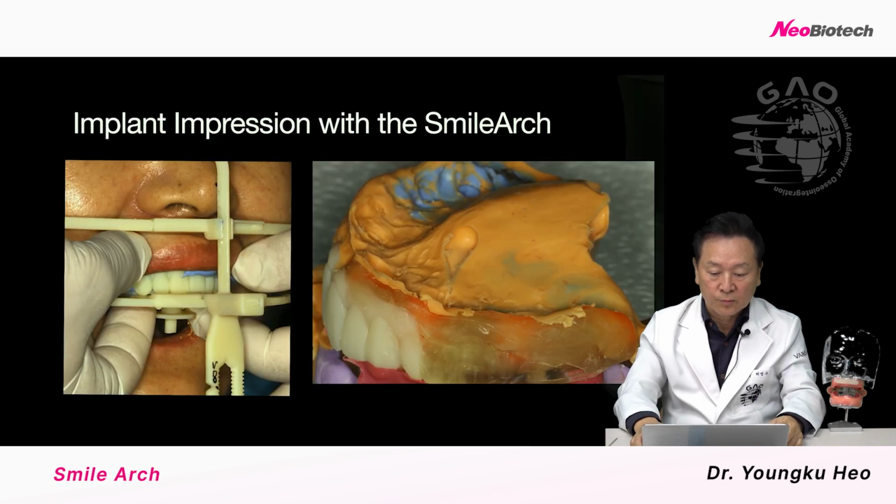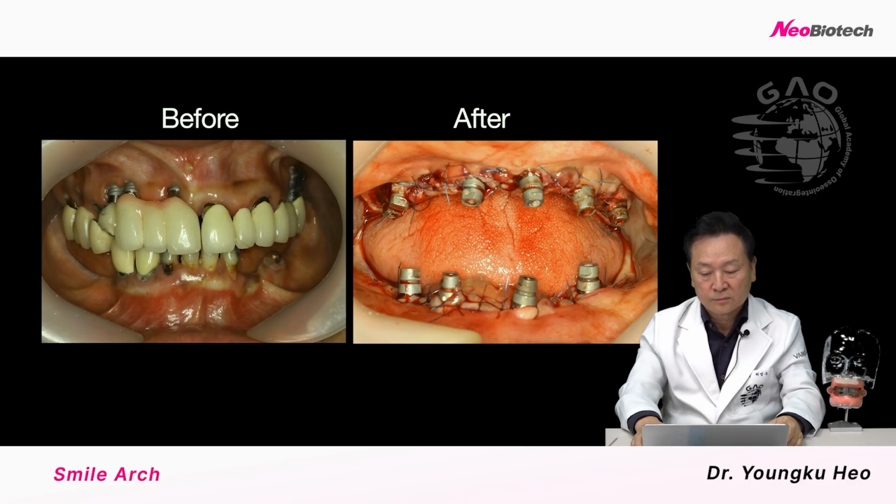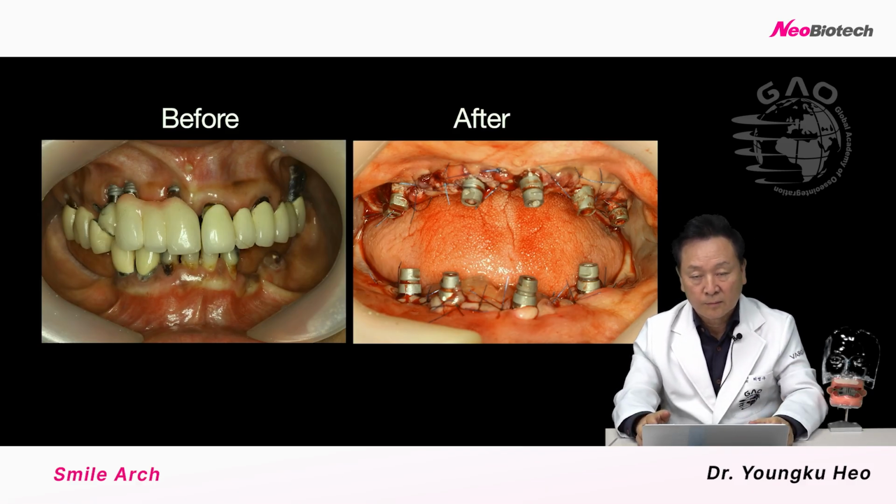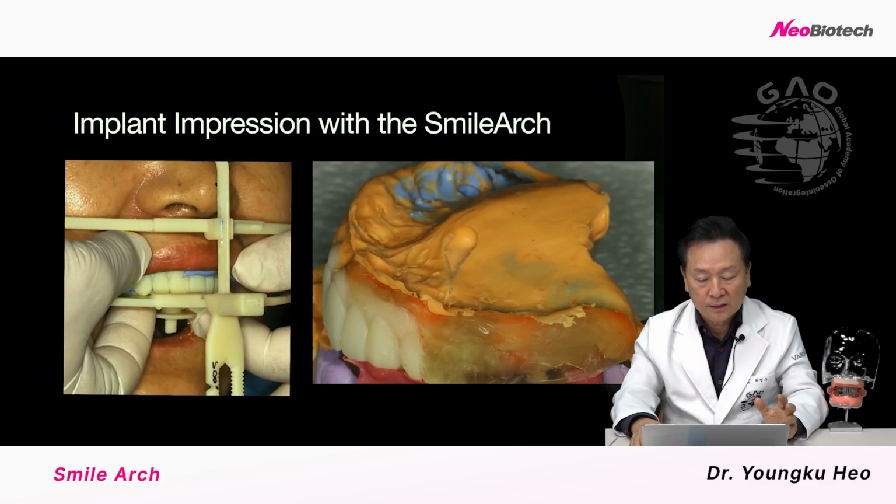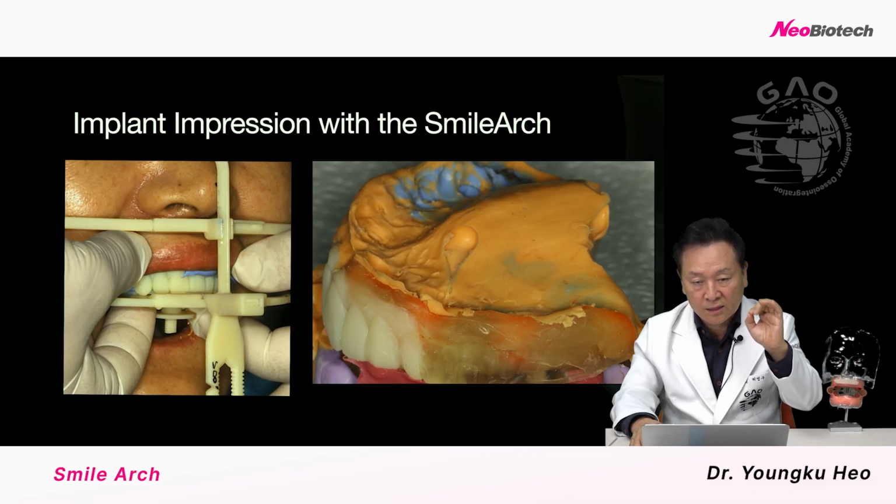In a situation like that, we need to solve everything to give him a provisional restoration or final restoration, right? So we need the vertical dimension and also the CR record, and the aesthetics, and impression or intraoral scanning.